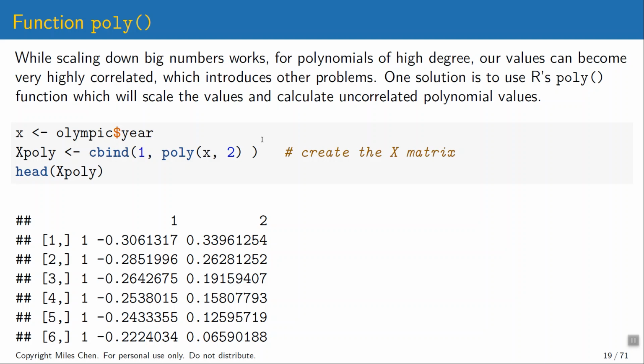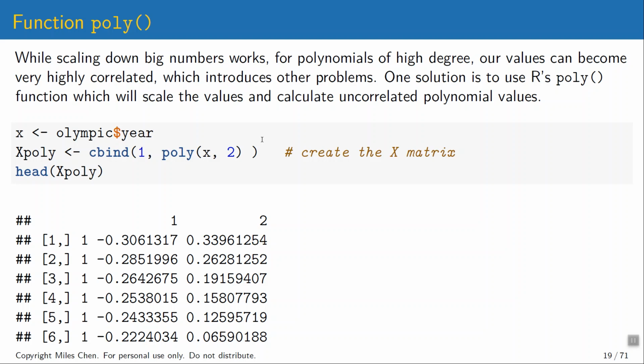And what that means is that if I just took the numbers like 1 through 10, and I squared them, and I cubed them, and I raised them to the 4th power, you're going to have highly correlated values, okay? Because as x goes from 1 to 10, x squared also increases.